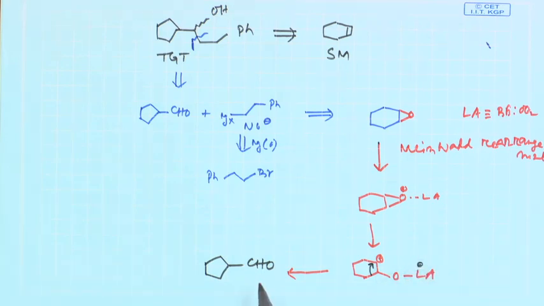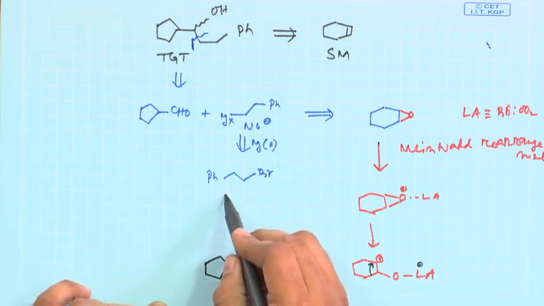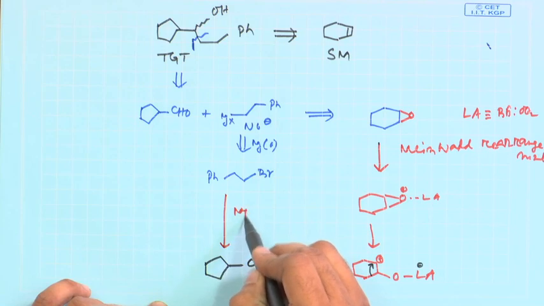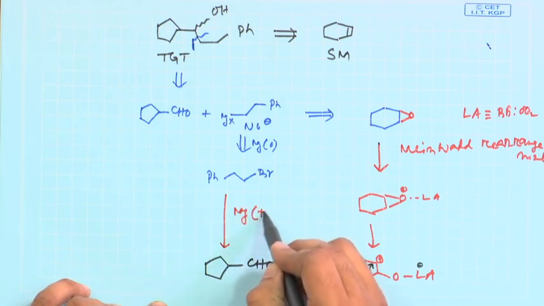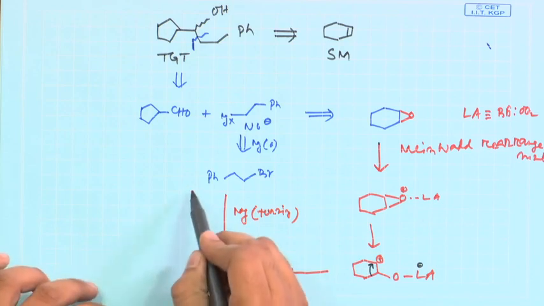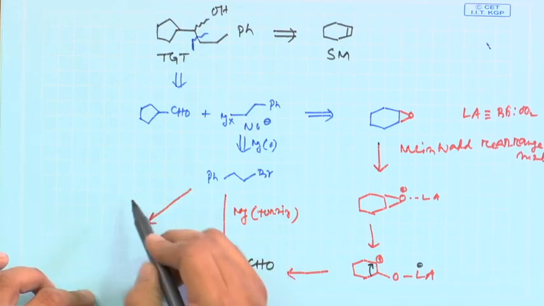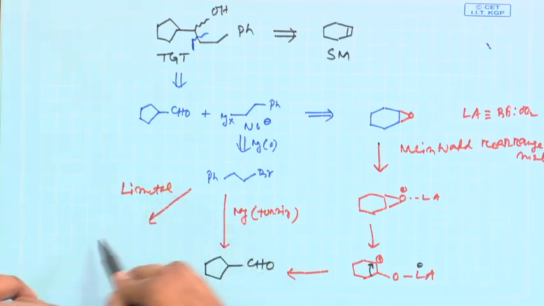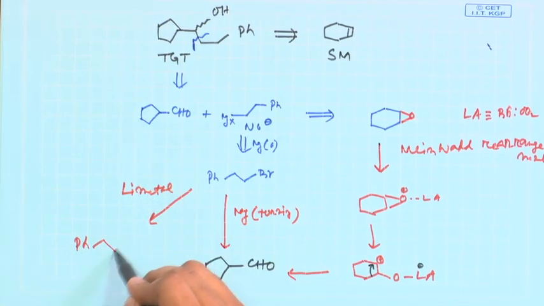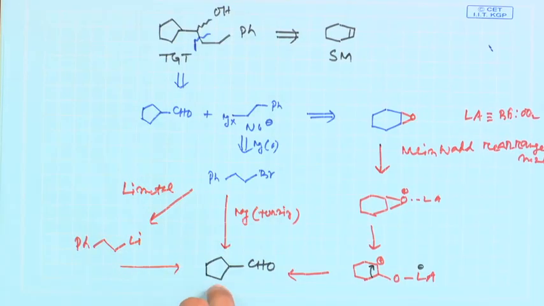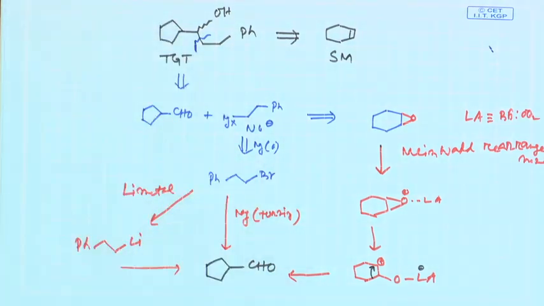Once this aldehyde is made, you do the reaction with magnesium turnings to give the corresponding Grignard. We can also do a metal-halogen exchange with lithium metal, which gives the lithiated species, also a good nucleophile, which can react with this aldehyde to yield the product.